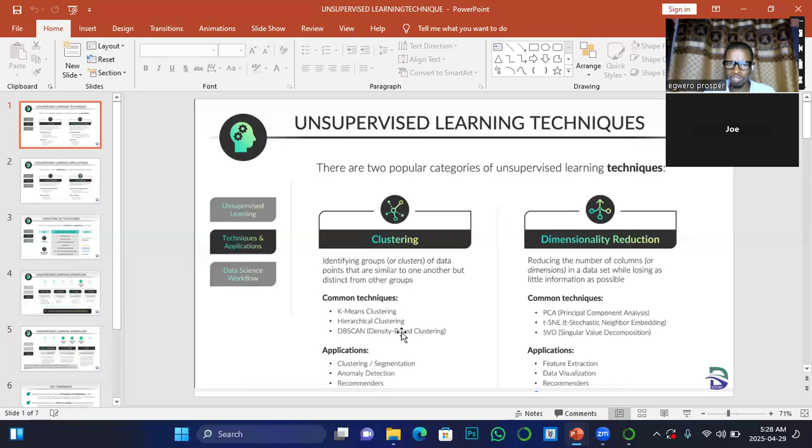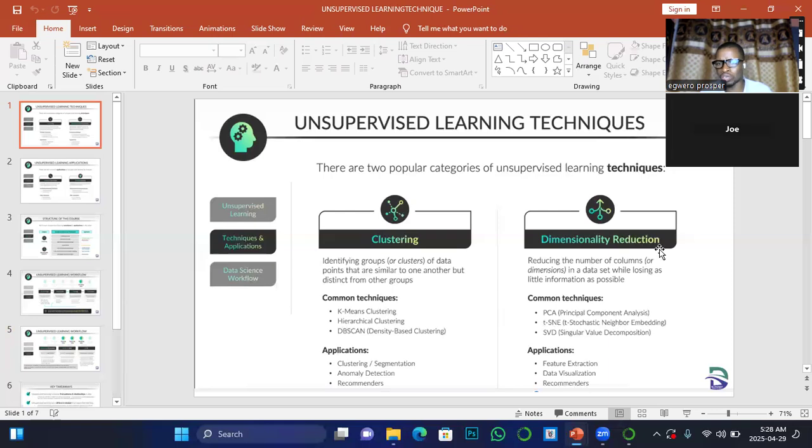Clustering, segmentation, anomaly detection, recommenders. All these are techniques, and we are going to see them practically. These are what will take us time, up to two to three months, because we'll be learning all these models, all these libraries, how to deploy them, and the different techniques involved.